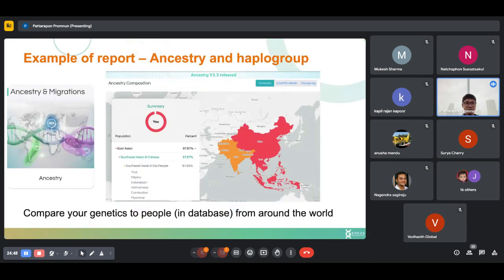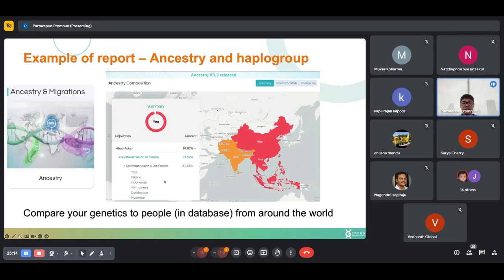And we also have the reports about your ancestry and haplogroup, your family history, but at an evolutionary level. For example, in the ancestry report, we compare your genetic data with people from around the world. This is in the database of scientists, the database from people around the world.